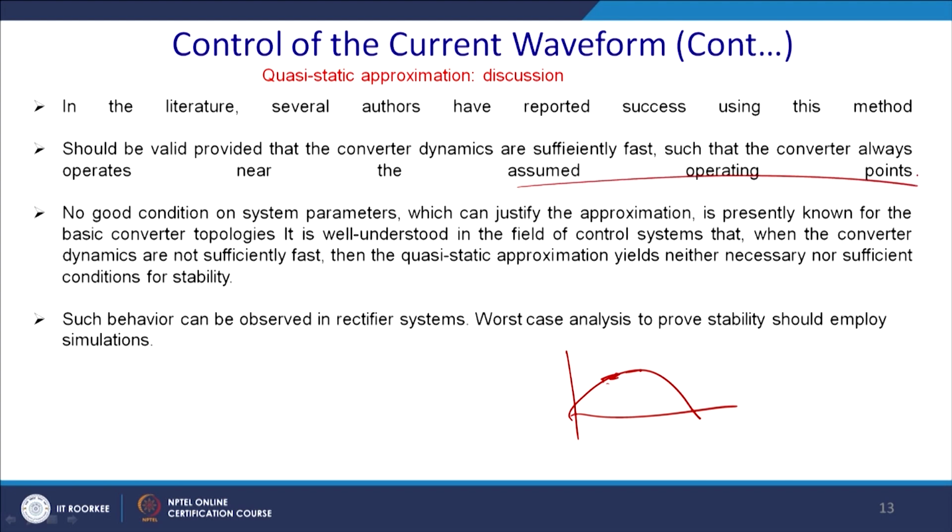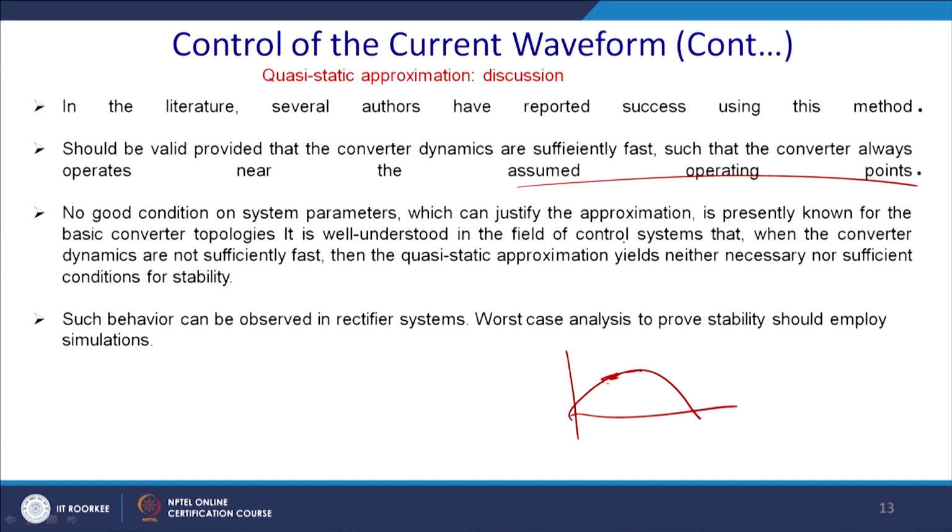No good condition on the system parameters which can justify the approximations is presently known for the basic converter topologies. It is well understood in the field of control systems that when the converter dynamics are not sufficiently fast, then the quasi-static approximation yields neither a necessary nor a sufficient condition for stability. So, if you increase the switching frequency of the supply, then the quasi-static model may not predict your stability and other conditions according to control systems.